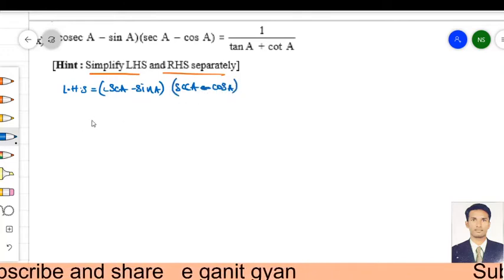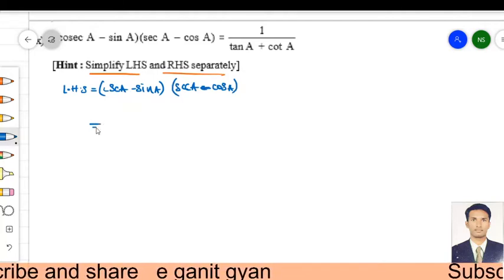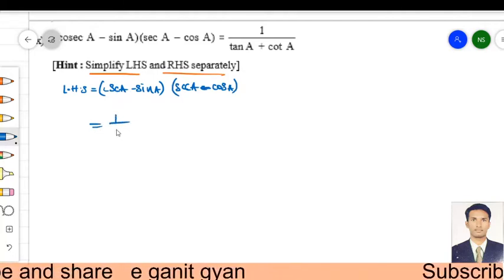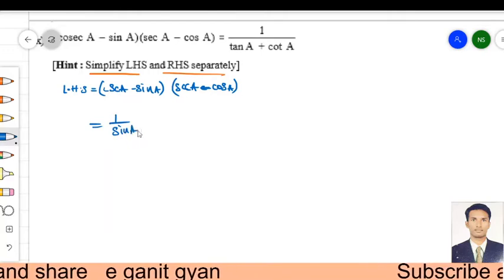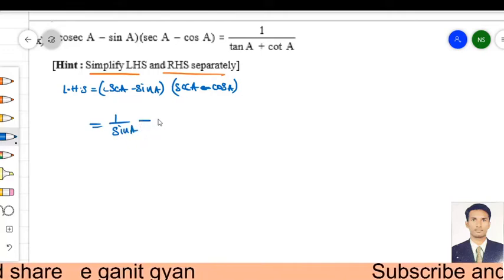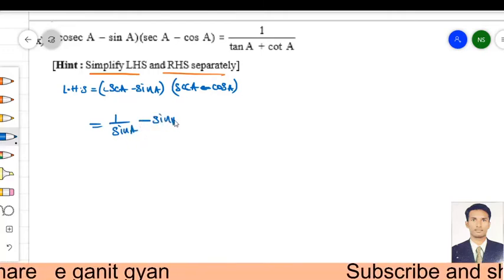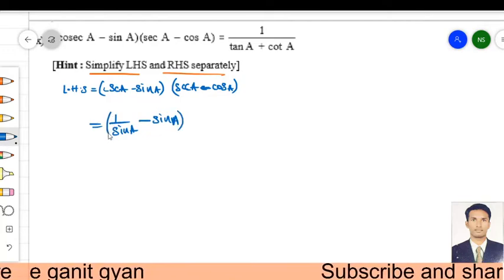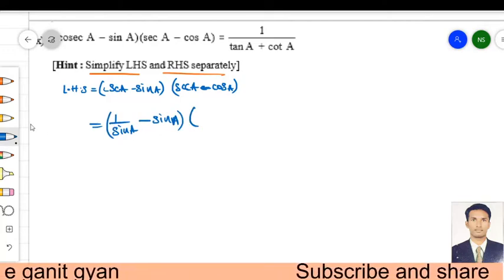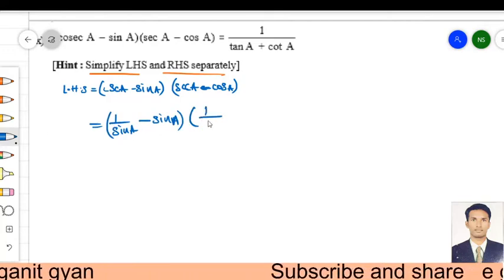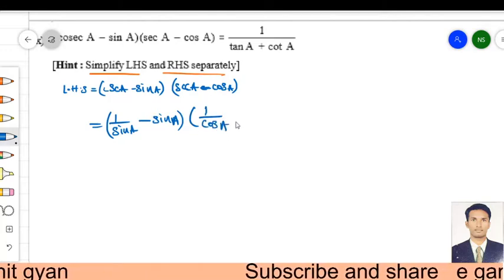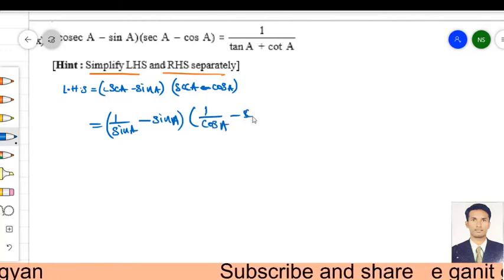So here what I can write, cosecant I know 1 by sin A minus sin A, as this will come into secant, we know 1 by cos A minus cos A, as this will come.